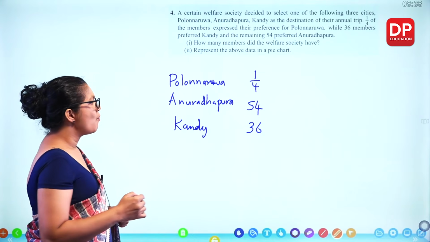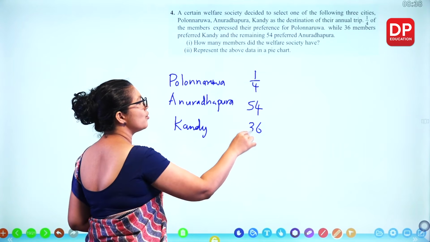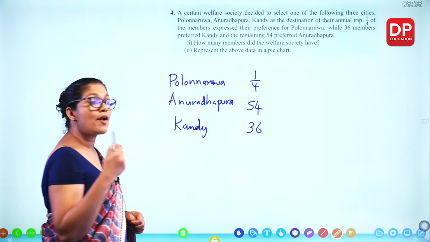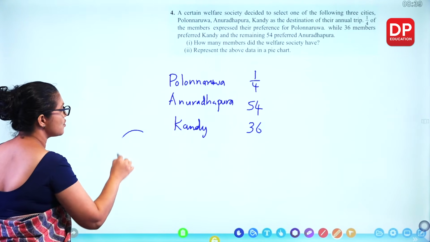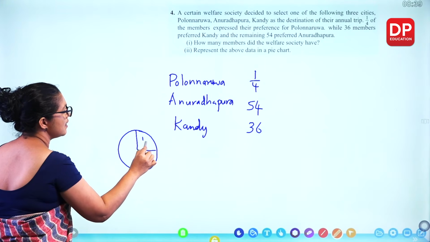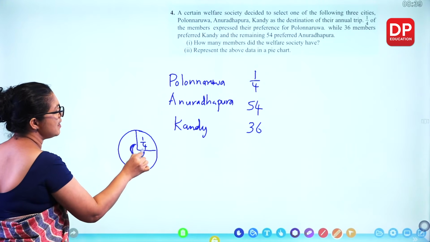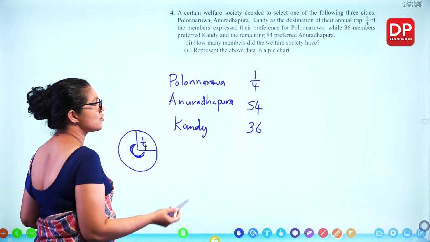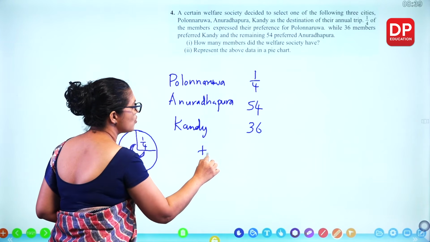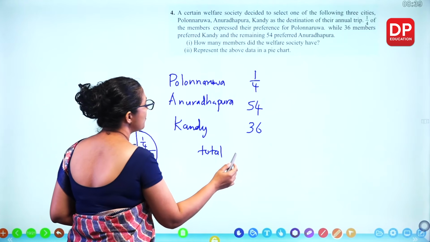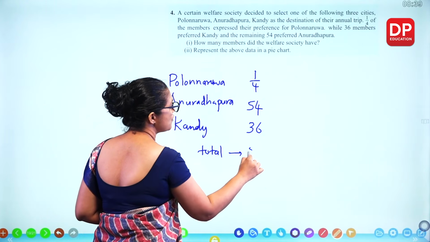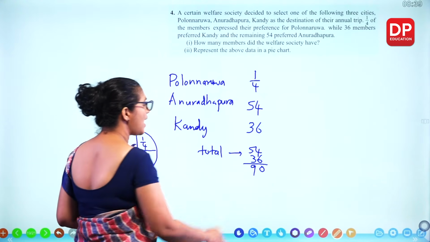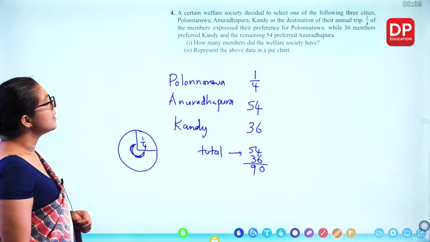Now we know when you add these two, that should be the rest of this one. So 1/4 is there. So when you roughly draw 1/4 here, the rest, that means 3/4 representing this total. So what's this total? Total to Anuradhapura and Kandy, you get 54 plus 36, 90 people.